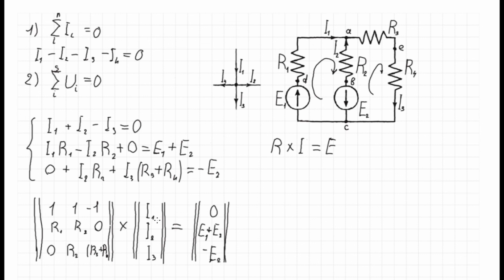Okay, and if we replace letters in our matrices in our equation by means of variables, we can find the currents 1, 2, 3 in our circuit.